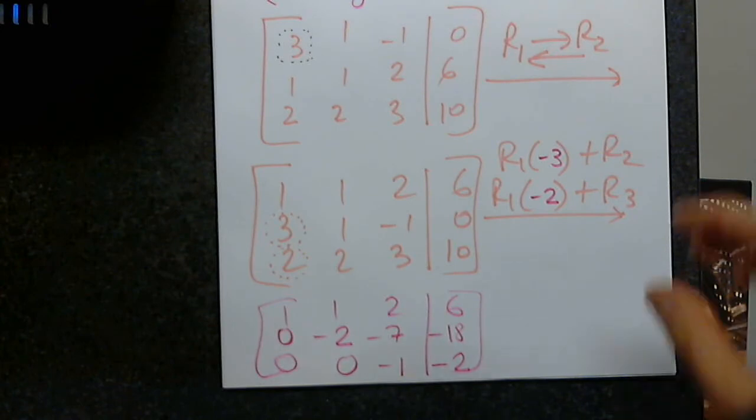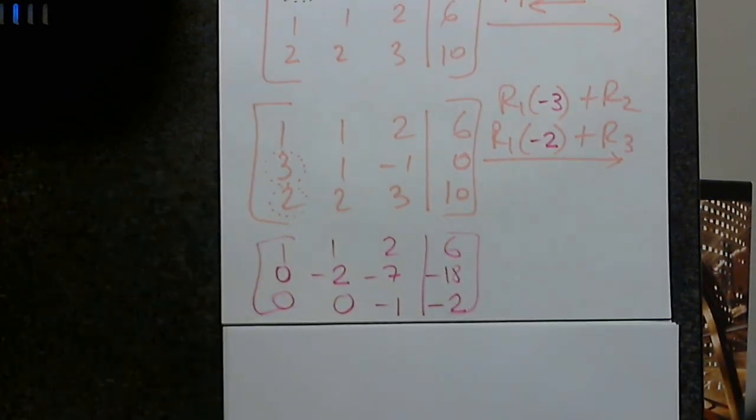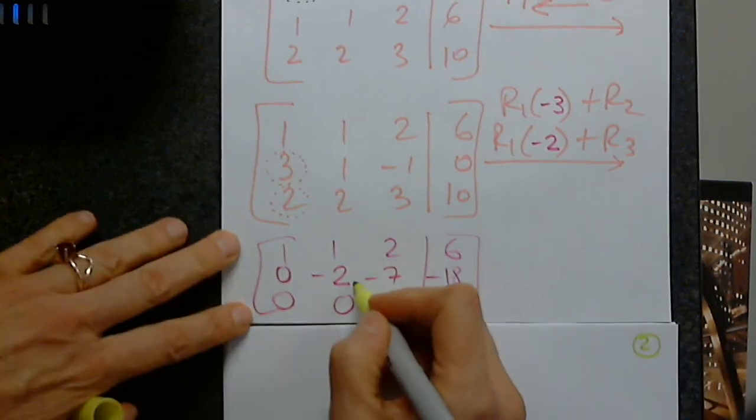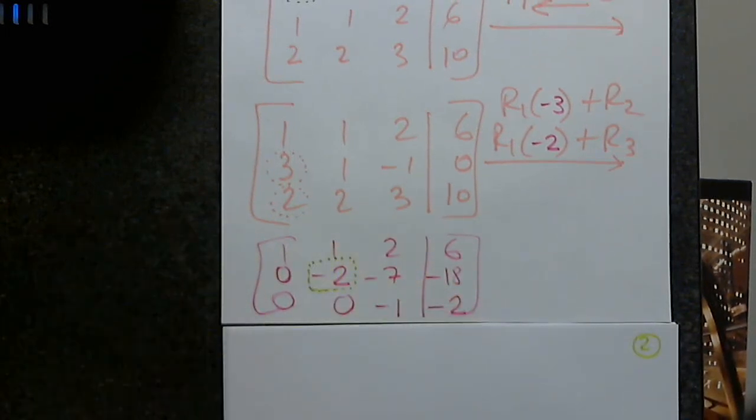We are done with the first column. If that by any chance changes later, something is terribly wrong. It cannot change. It's done. Okay, perfect. Now, I need to obtain a 1 in here. And no, I cannot swap it with the first row, because then I will change the column, and I can't do that.